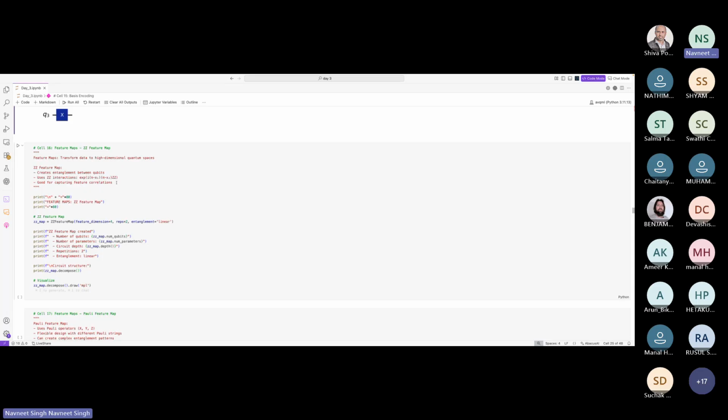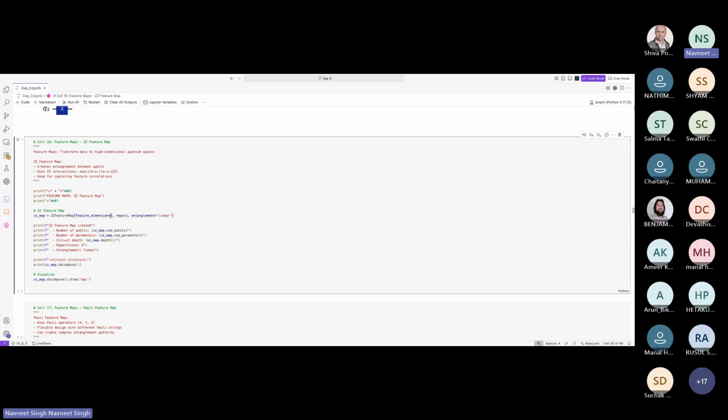First, we set the feature dimension, sorry, to 4. Because we reduced our data into 4 components, the feature map is told to expect 4 classical inputs.